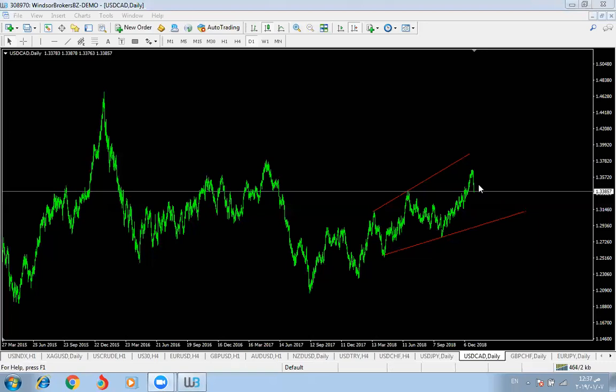It will move to low values right there. It is very nice to invest your trades in the Canadian dollar. You will make a lot of money right there.